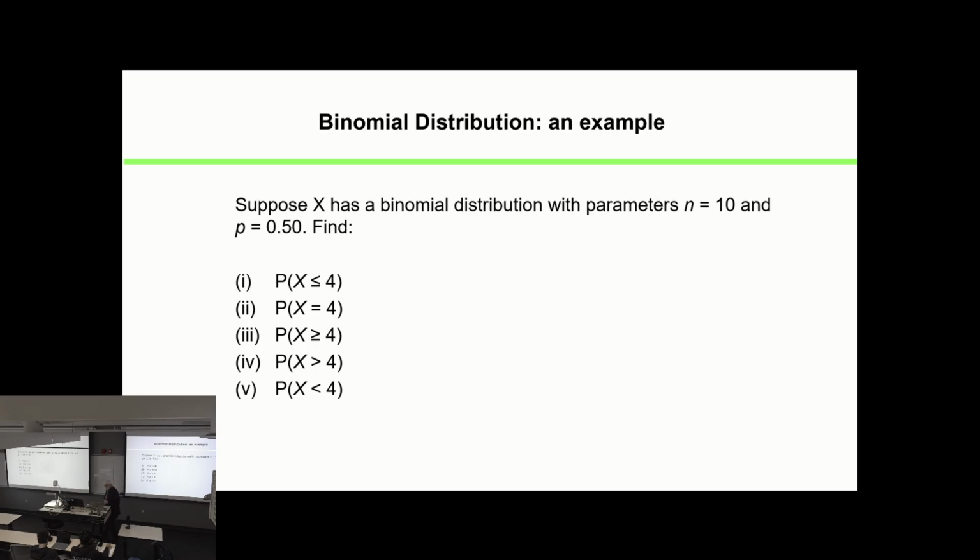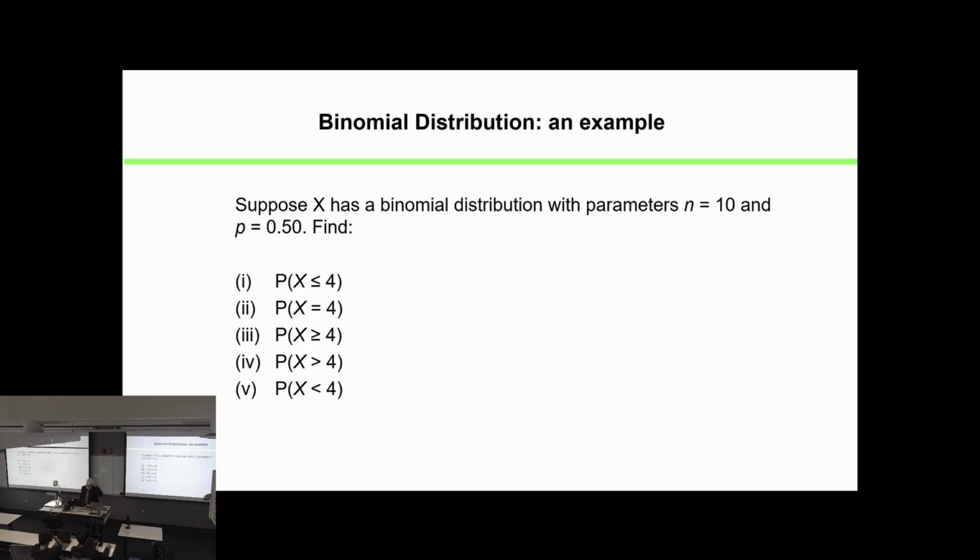You've got to be careful on this. What does it mean to say X is at least 4? Is 4 included in at least 4? Yes, it is. So that's a greater than or equal to 4. Whereas if it says X is more than 4 or exceeds 4, then that's X is greater than 4.